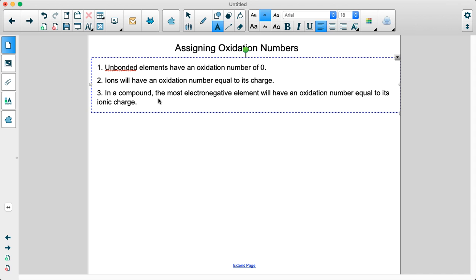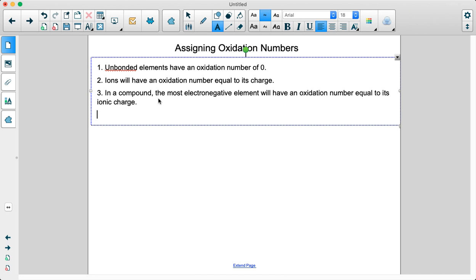When you're looking at a compound, find the element that's most electronegative. And if you recall, electronegativity increases as you go up the periodic table, and it increases as you go to the right. And again, that should be something on your periodic table, that trend. Once you find the most electronegative, then that's going to be the charge of that element within a compound.